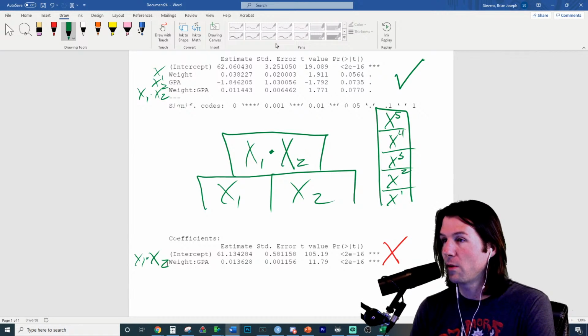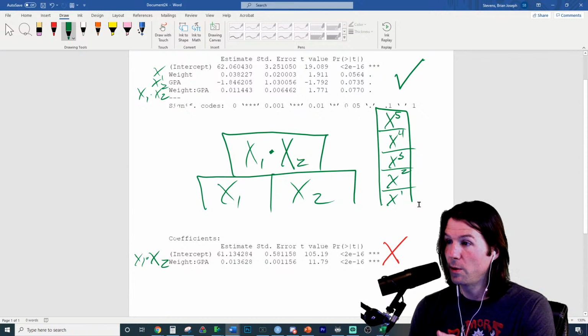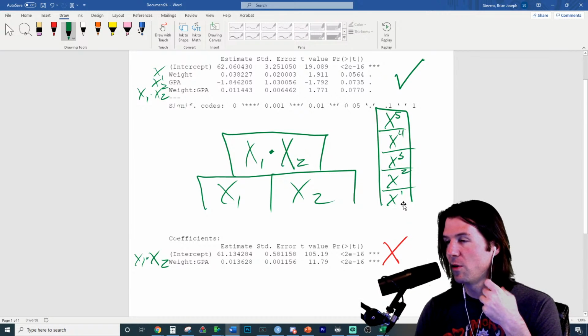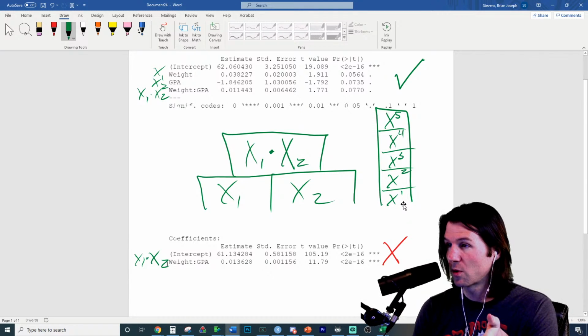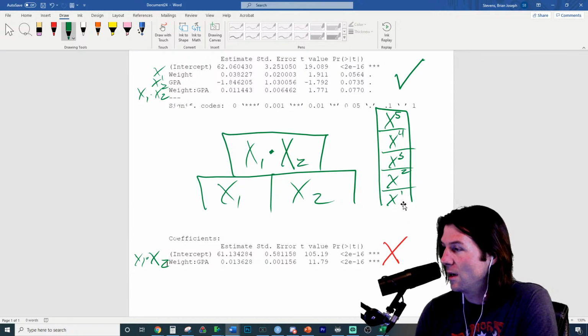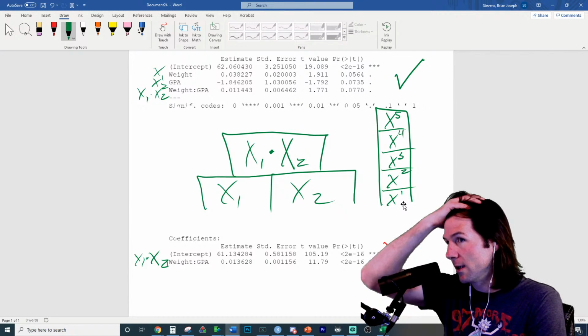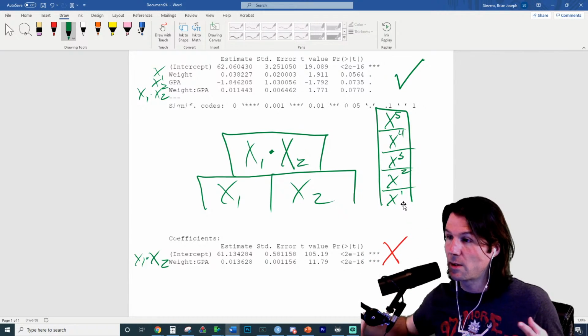So if you had a model that built all the way up to the 5th order polynomial on an x variable, you'd have to include all the lower order polynomials. Does that make sense? If you do a 5th order polynomial, you need to carry through the 4th, the 3rd, the 2nd, the 1st order polynomial terms. Yeah, exactly, Braden, you're getting it. To meet model hierarchy, you need to carry through all the things that would make it.